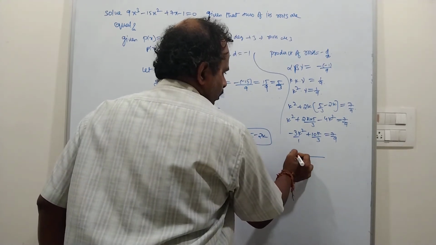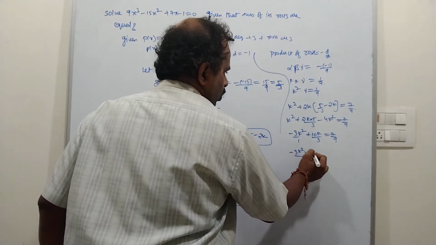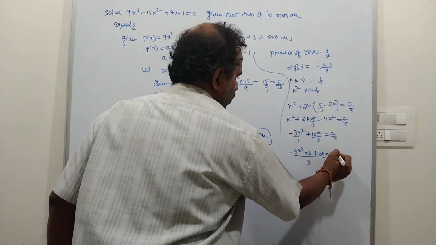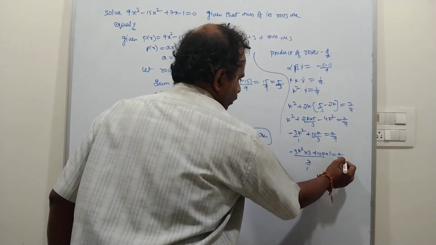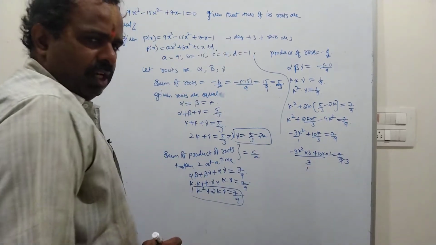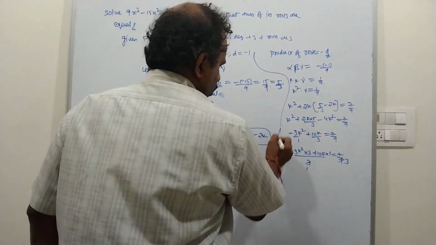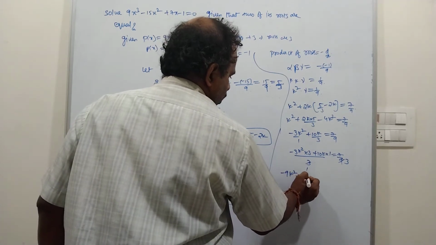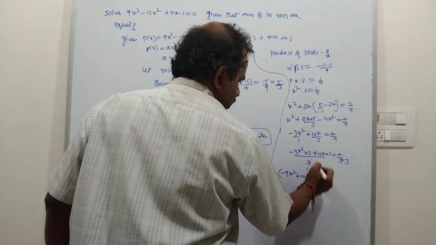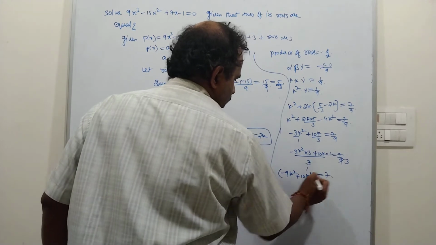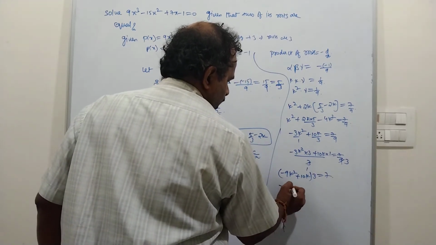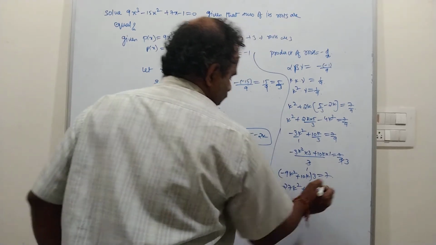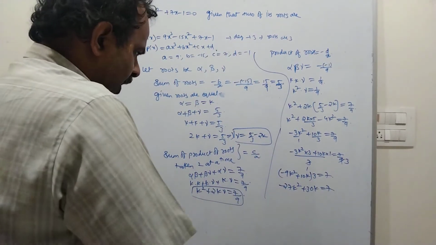Taking the LCM 3: (−3k²·3 + 10k)/3 = 7/9. The 3s cancel here. So we get −9k² + 10k = 7/3, which gives −27k² + 30k = 7.